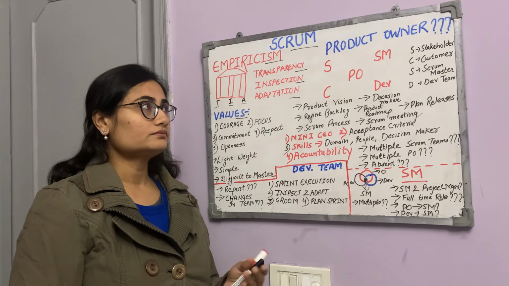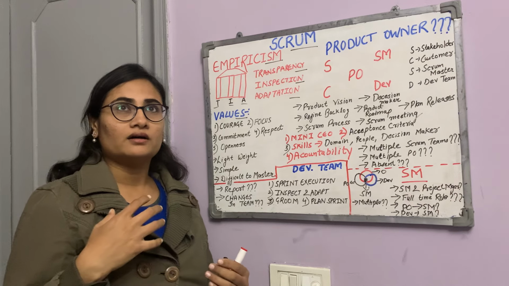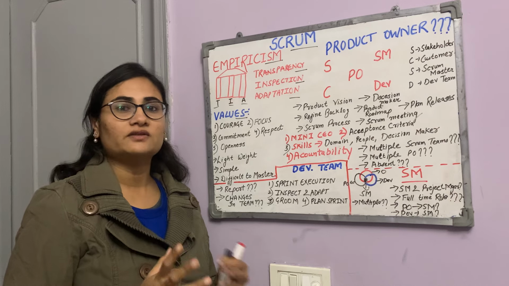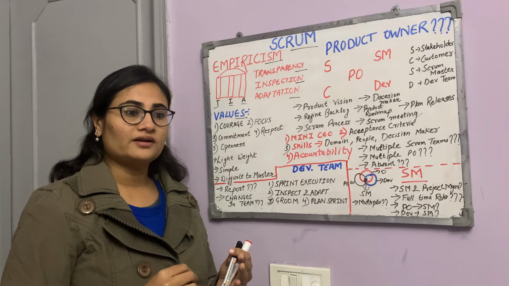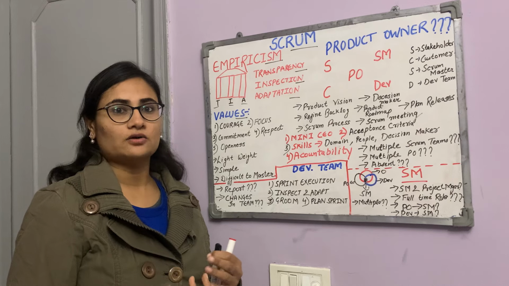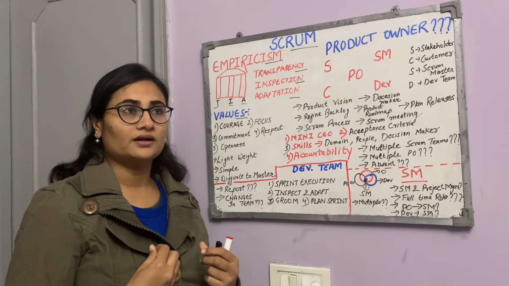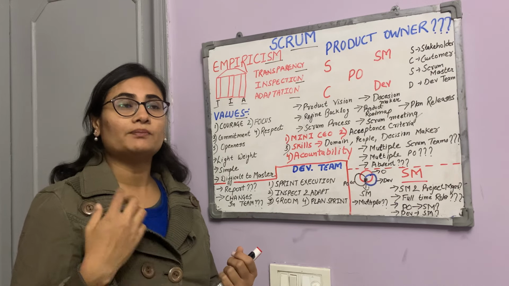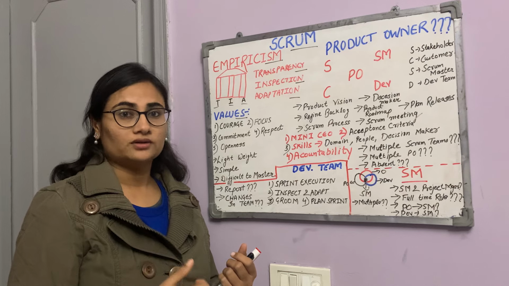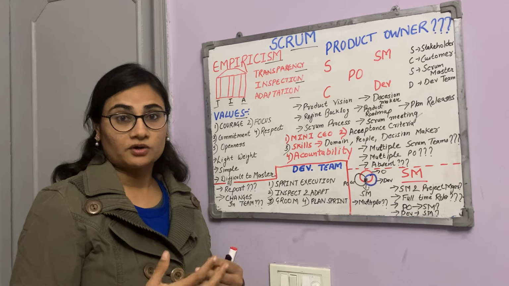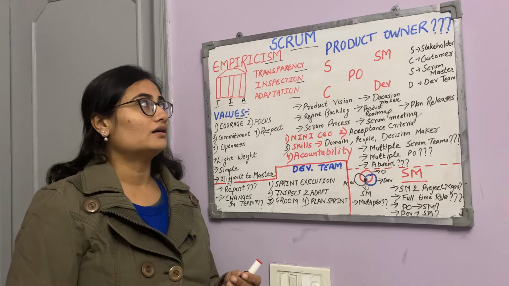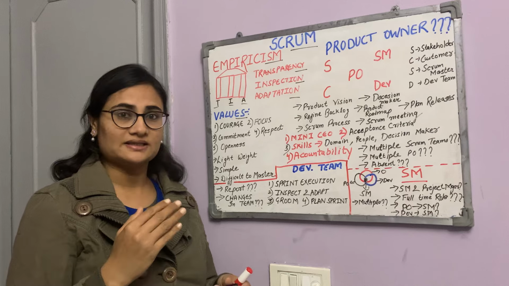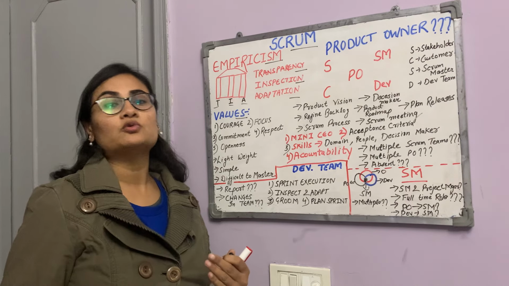So firstly, transparency. You must have seen in many projects that some of the issues are not brought to the light of the customer or the stakeholders, because it would put more noise, and the development team would not be able to focus on the development of the product. But Scrum says that we should have full transparency within the team and outside of the team.